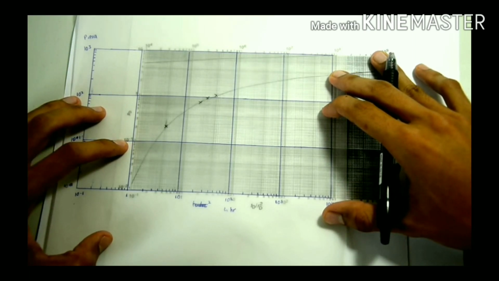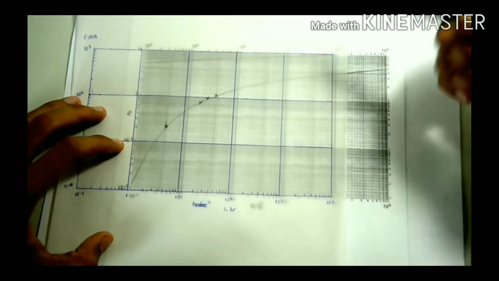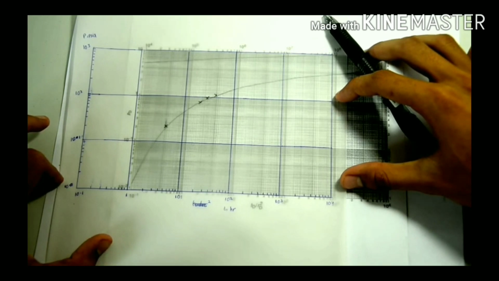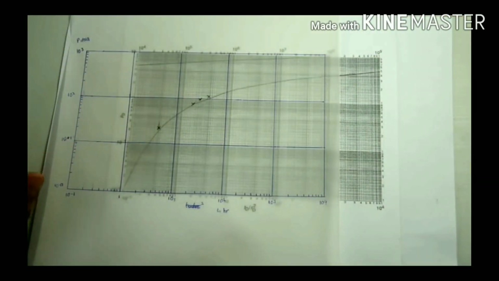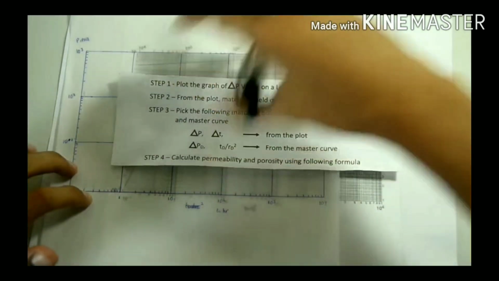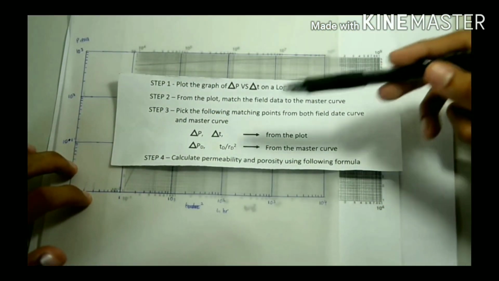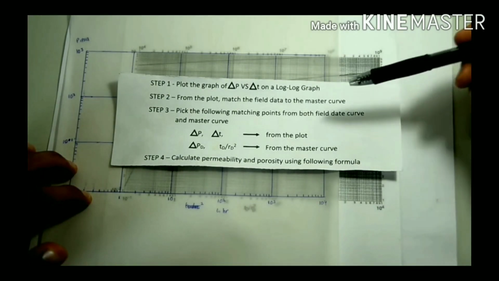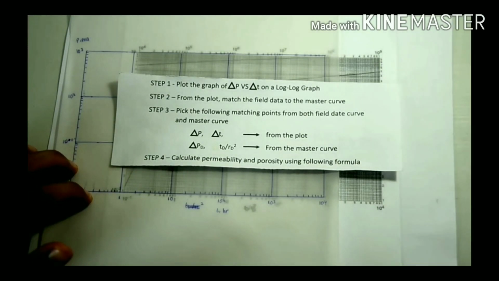After matching, we go to step 3. In step 3, we have to find all 4 variables at the match point.